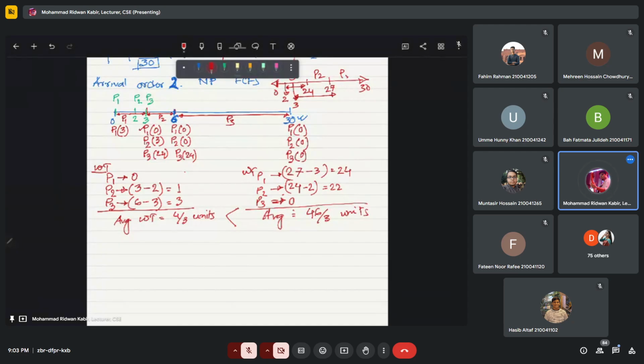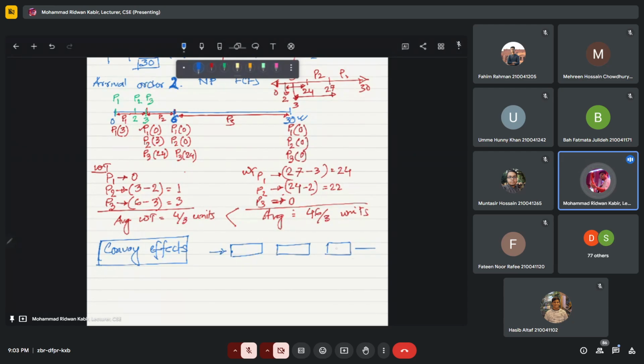Now this effect is termed the convoy effect, which is a drawback of the FCFS algorithm. So why is it called a convoy effect? Because, what is a convoy? A sequence of vehicles following one after the other, right?